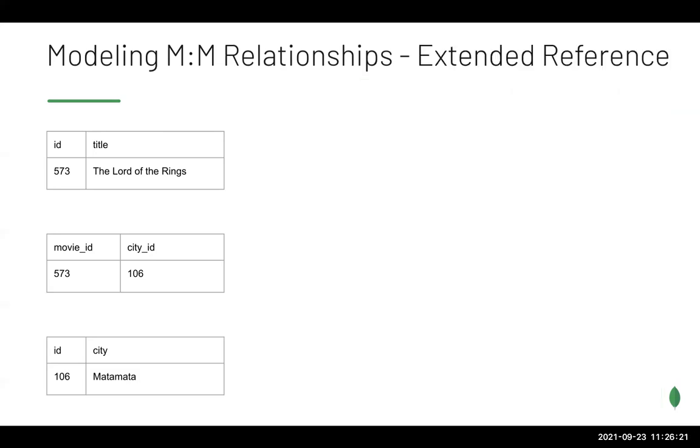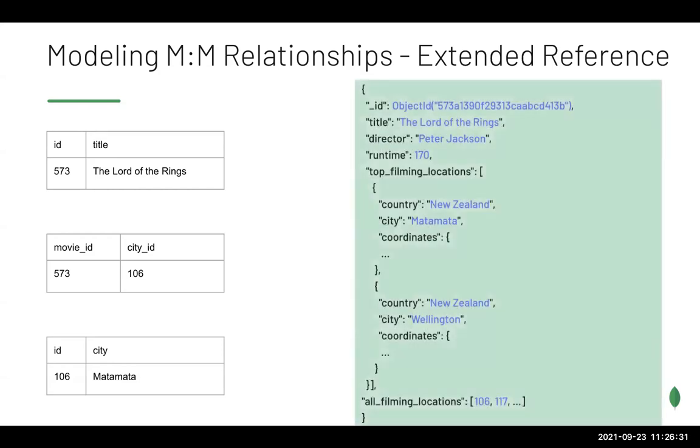Now, the other interesting feature of MongoDB is the extended reference pattern. We'll get into patterns and anti-patterns in a little bit, but I thought this would be a good way to introduce this pattern a little early. Let's say you have this collection of movies and you wanted to have a couple of the most famous filming locations of the movie.